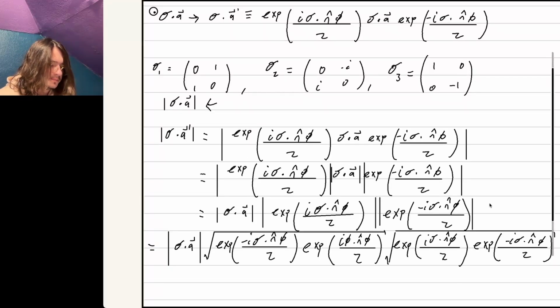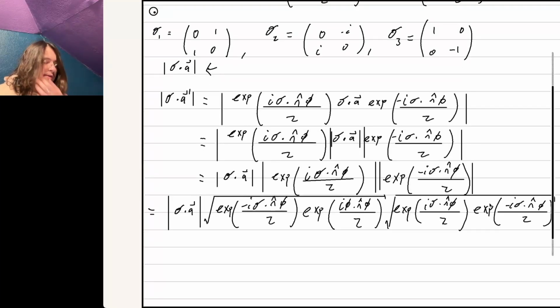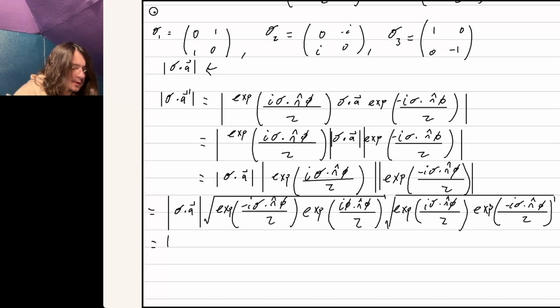You have a minus exponent times a positive exponent of the same stuff, so that's going to be 1. That's going to be 1. So the determinant is invariant.